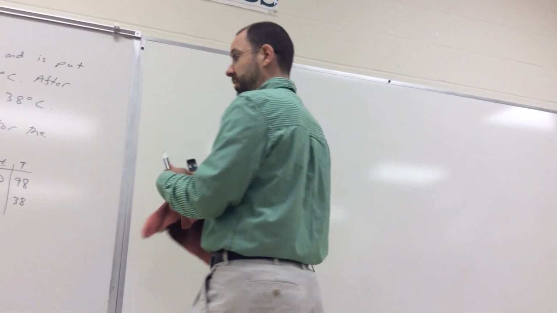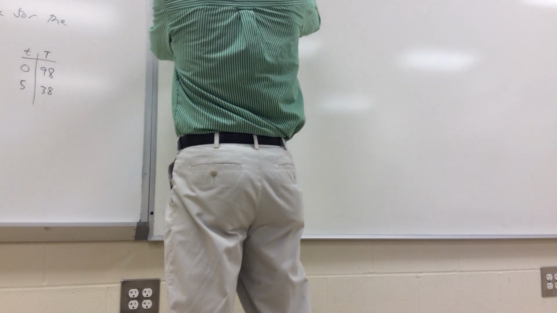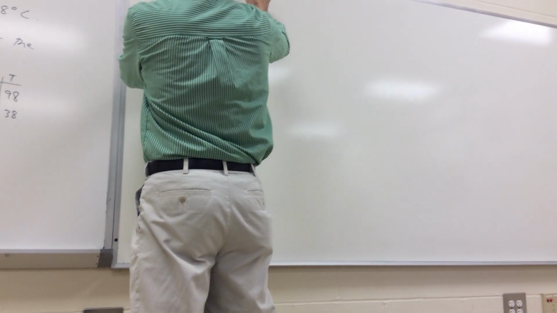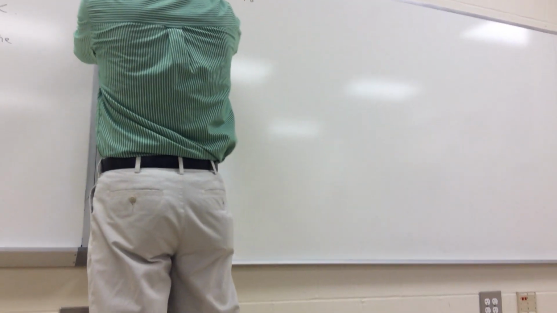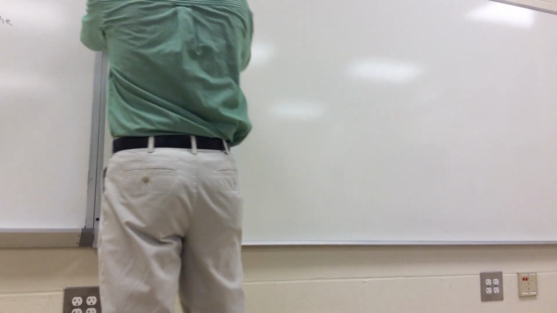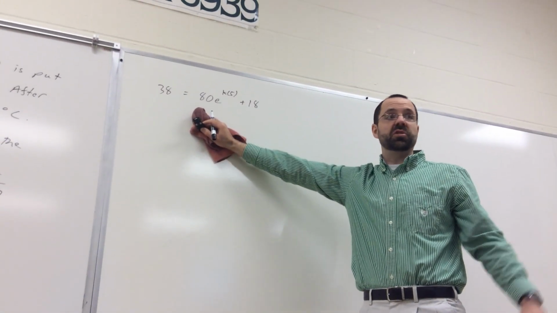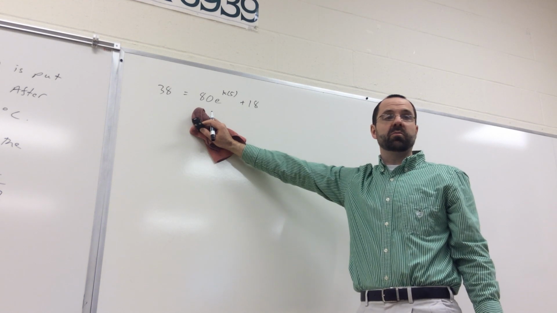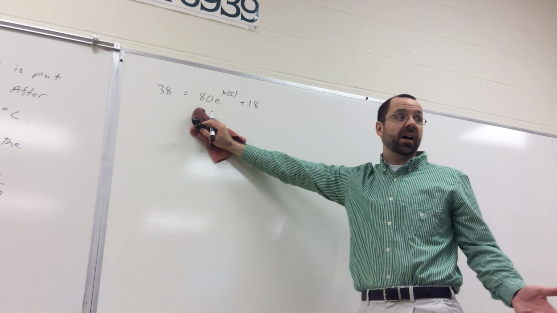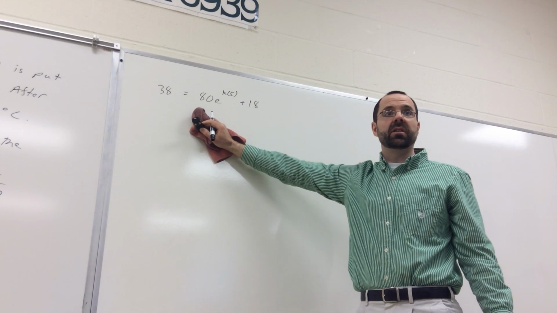All right, so if you plug in 5, so 80 e to the K times 5 plus 18, it spits out 38. So now I'm just using the point (5, 38). Put a 5 in for little t, because that's time, and I put 38 in for capital T, because that's temperature.